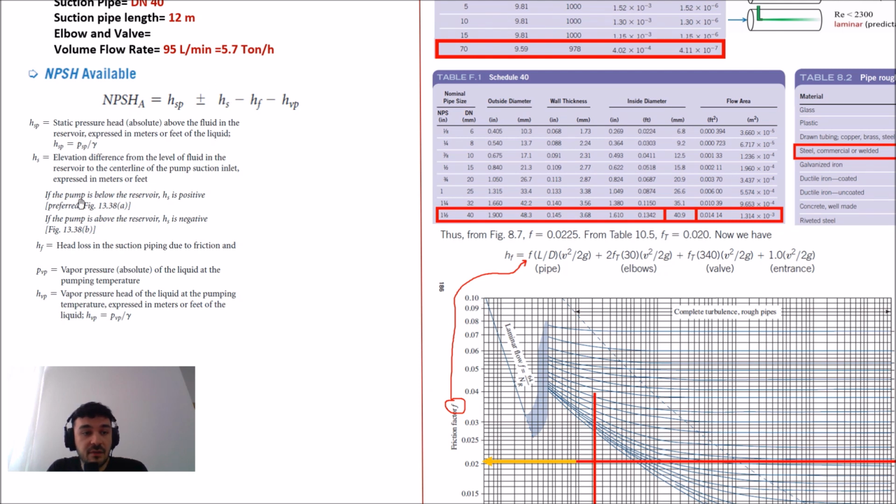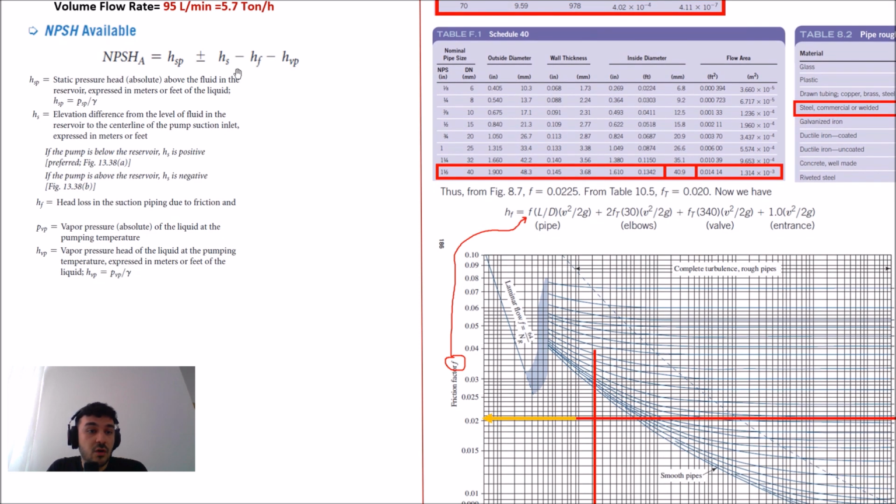If the pump is below the reservoir, this HS is positive. If the pump is above the reservoir, this HS is negative. You have to pay attention to this point. It can be positive, it can be negative.